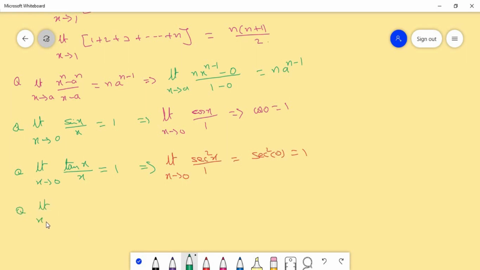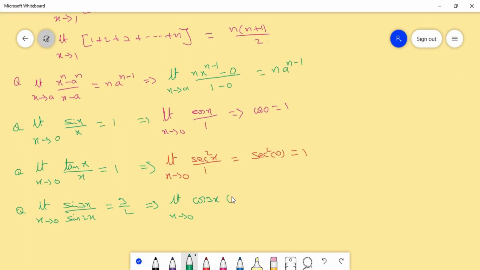Limit x tends to 0, sin 3x by sin 2x, which is also equal to 3 by 2. Numerator x coefficient and denominator x coefficient, that is 3 by 2. Right? How do we get this one? Limit x tends to 0, sin theta derivative is cos theta, that's why cos 3x.